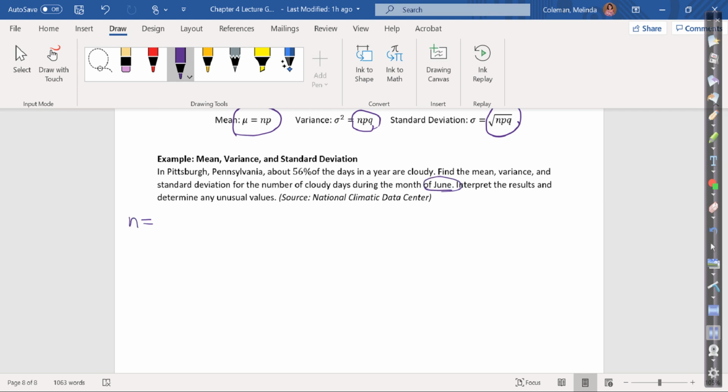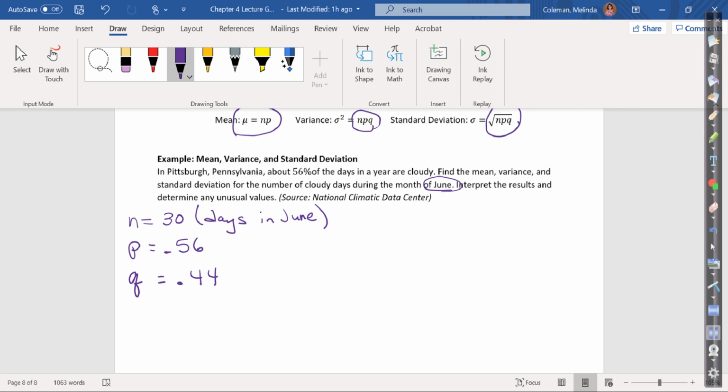How many days are in June? 30. So we do need to know that. All right. P in this case is equal to 0.56. Q is going to be equal to 0.44.